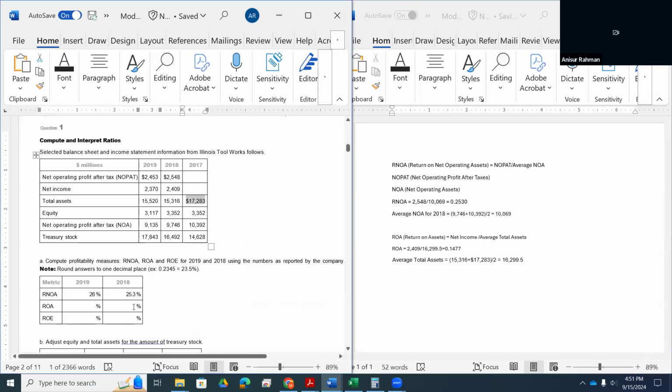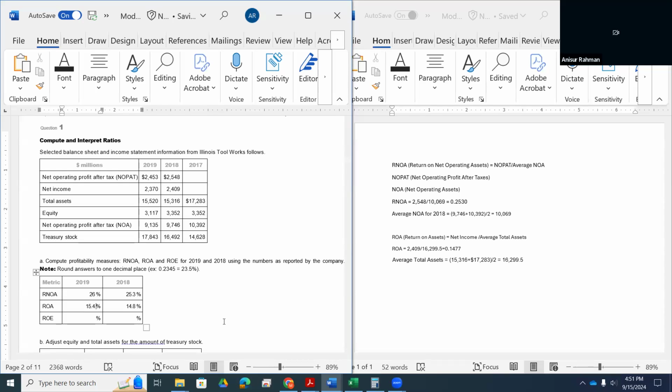It's asking for 1 decimal place, it will be 14.8%. So if you follow the same process, you should get 15.4% for 2019.